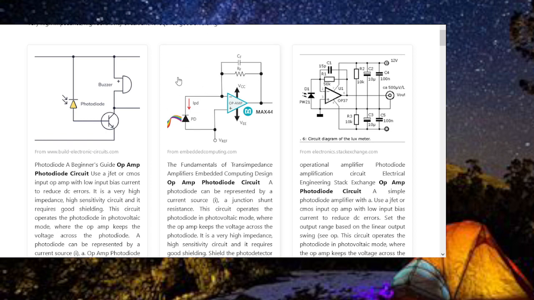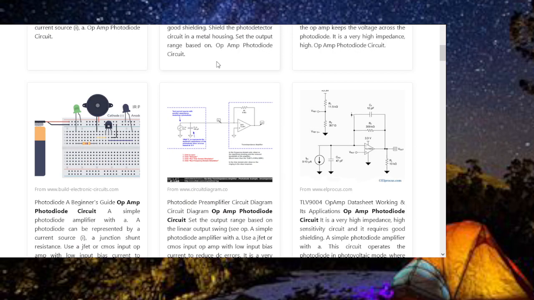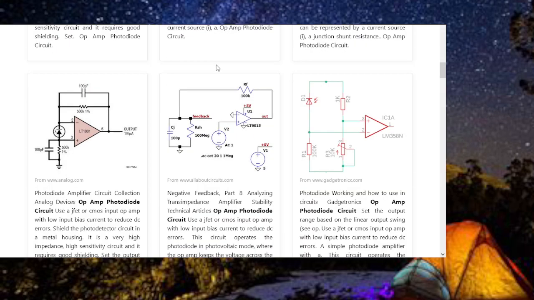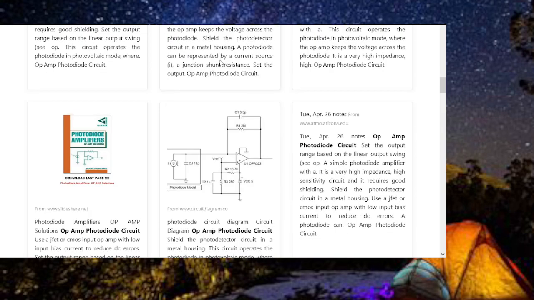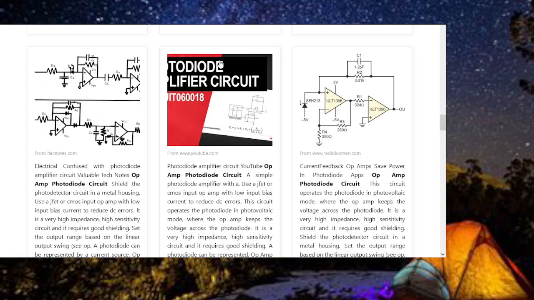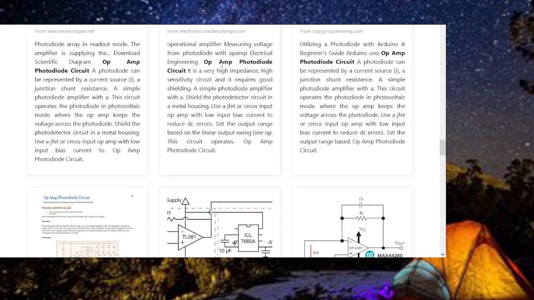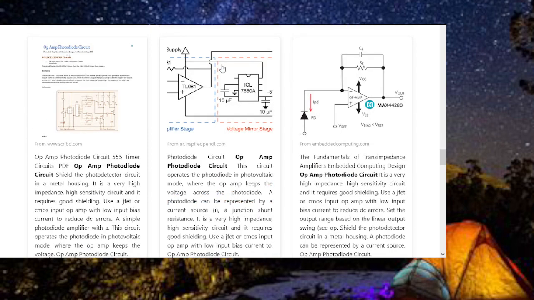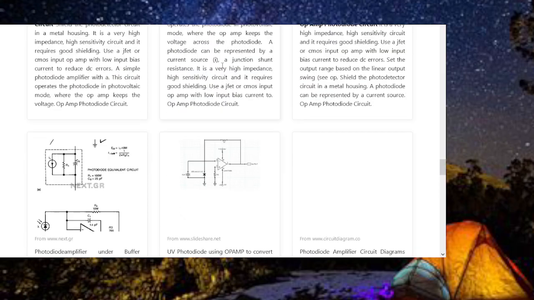Up 37. I don't have that. LT1001. TL081. Op-amp photodiode, I don't know what that is.